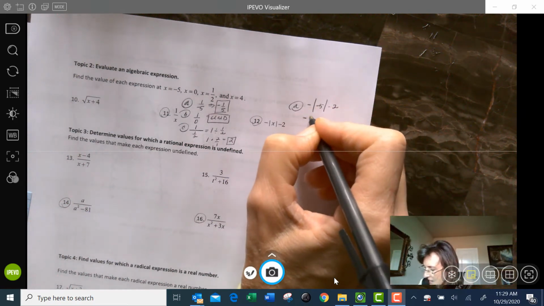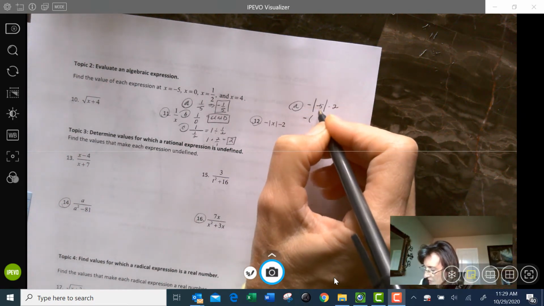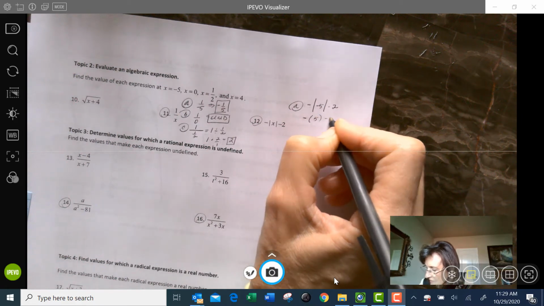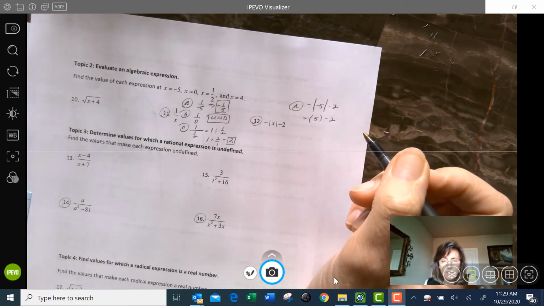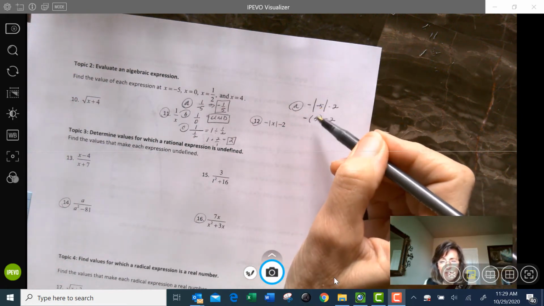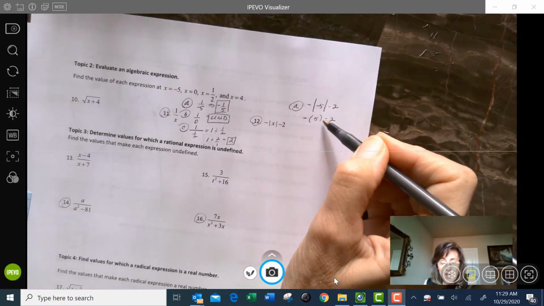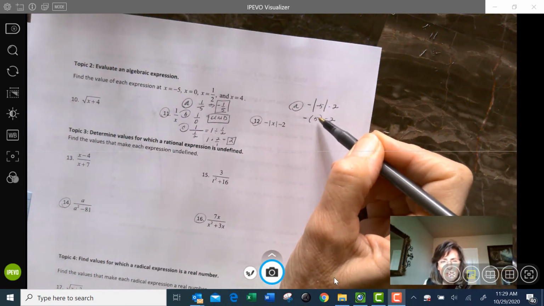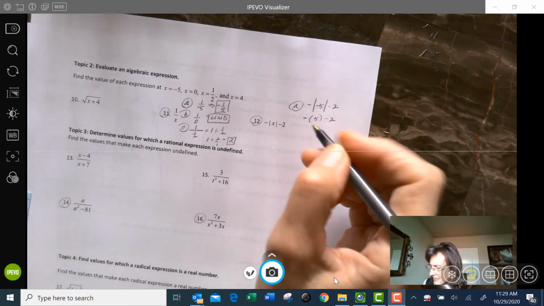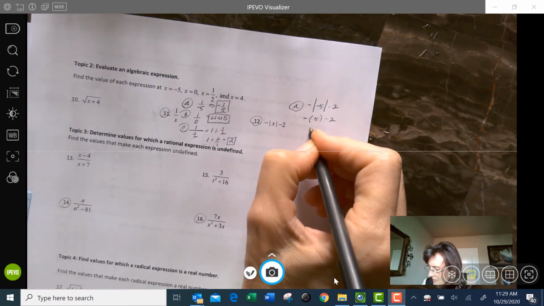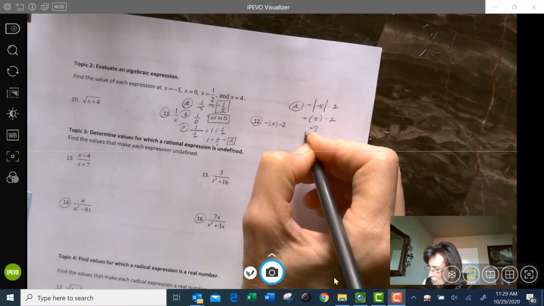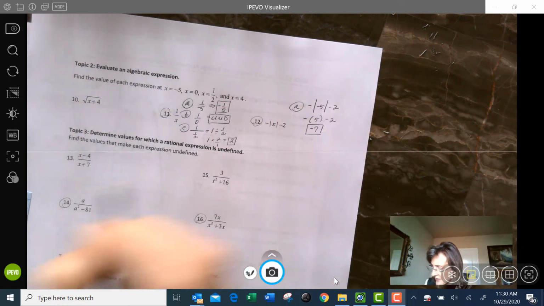So this is a negative out front, and then the absolute value of negative 5 is positive 5. But then oddly enough, I have to take the negative of it now. So really it's a negative 5 minus 2, which results in an answer of negative 7.